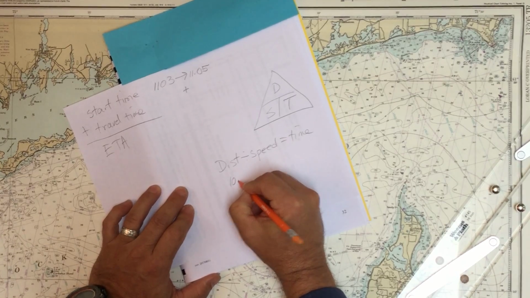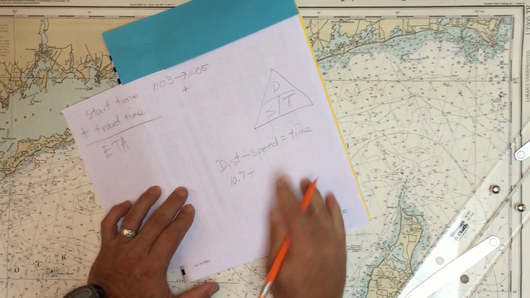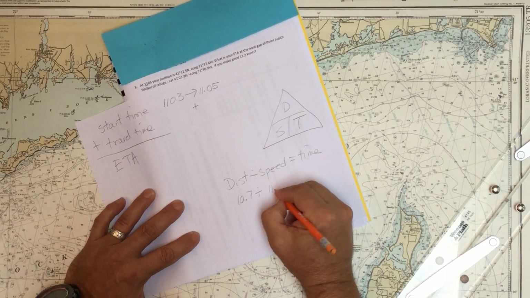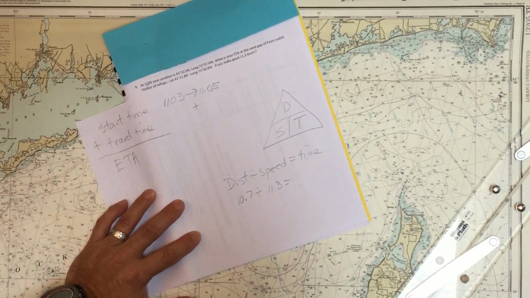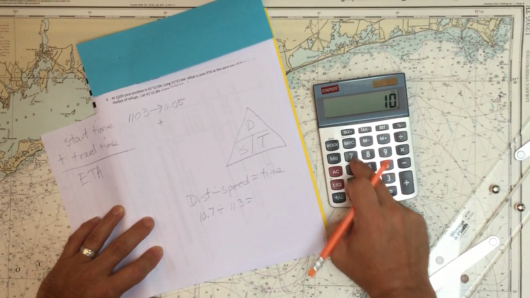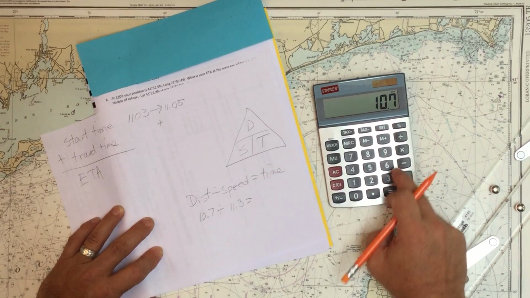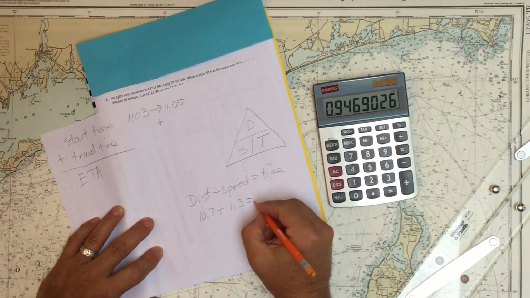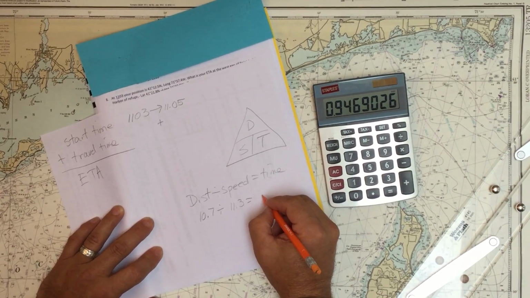So my distance is 10.7 divided by the speed in the problem. My speed is 11.3. Now I just do the math. 10.7 divided by 11.3 gives me a time of 0.94.